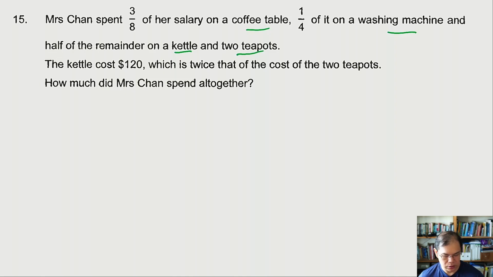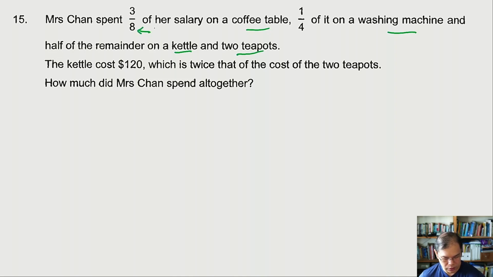So as long as I can find out somehow the cost of all these 4 items, then I just have to add them together, isn't it? Right? But we take it along the way. We see how we want to describe this problem in a pictorial form by drawing a model. So let's look at this first part. 3/8 of a salary on a coffee table.